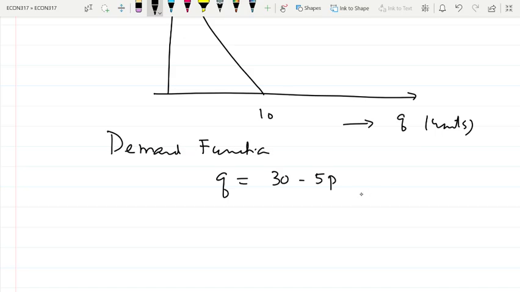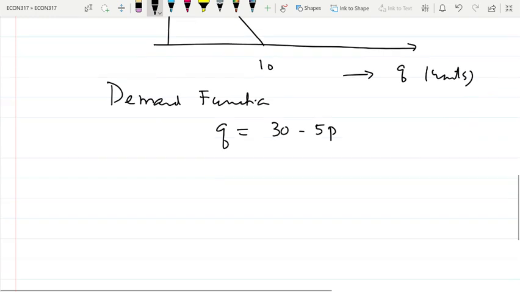So this is the mathematical formula for the demand function, but as we noted, when we draw the graph, we draw it with price on the vertical axis and quantity on the horizontal axis. So we will call the function drawn in the graph the inverse demand function.